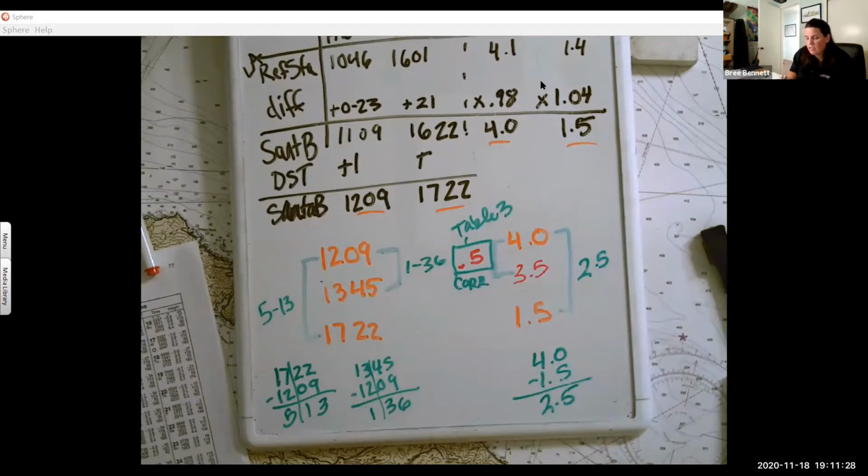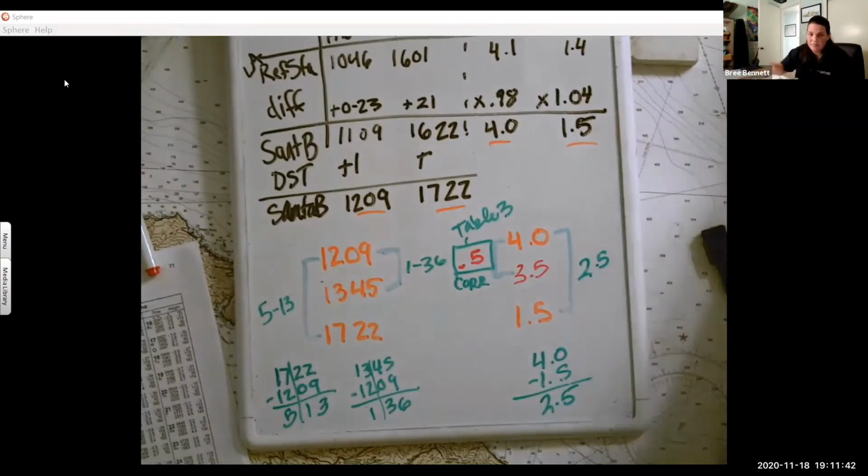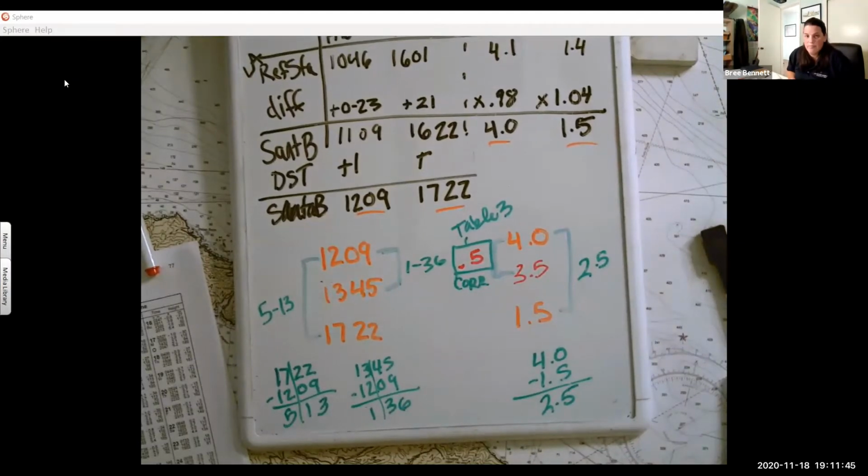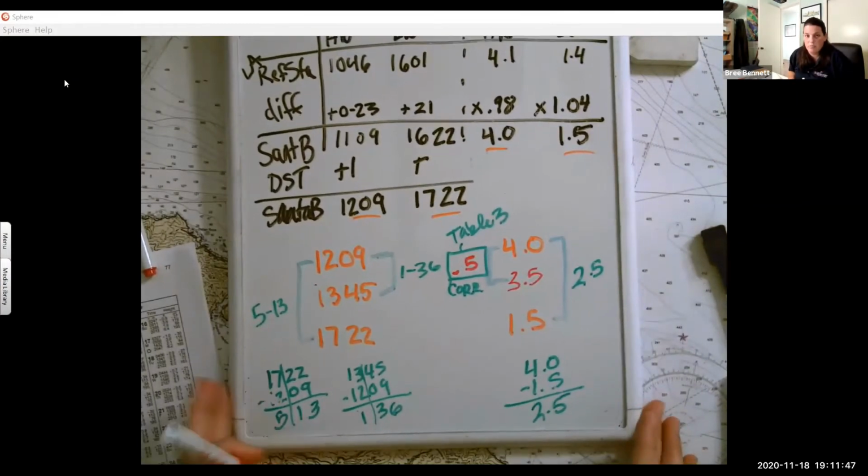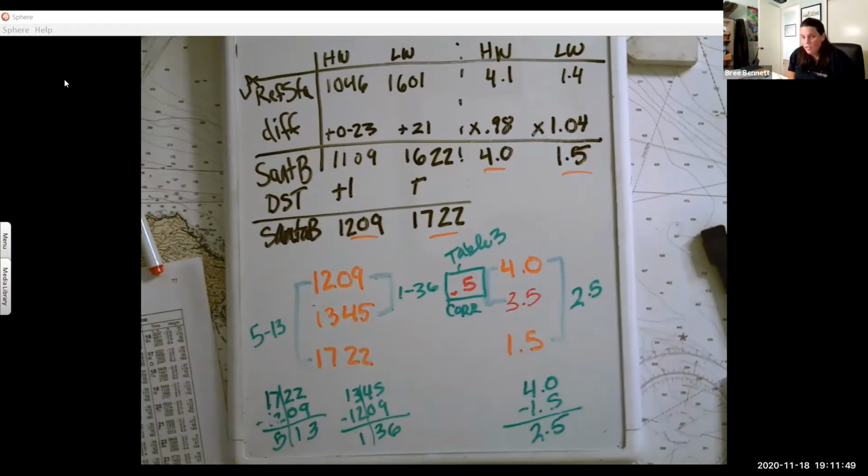So all of that work, and we figured out our tide, 3.5. You guys remember that? Did it come back to you? Okay, all right. Any questions on the tide calculation?